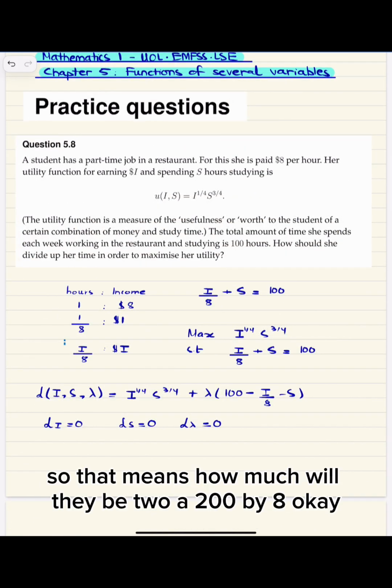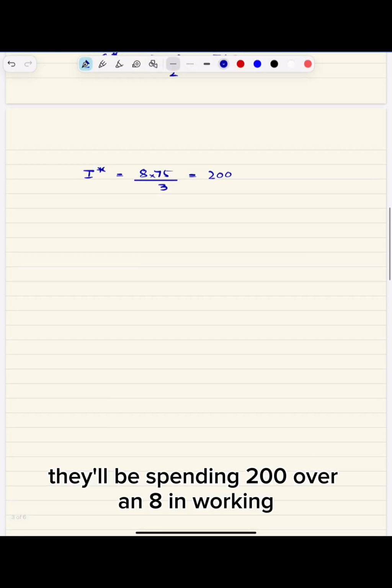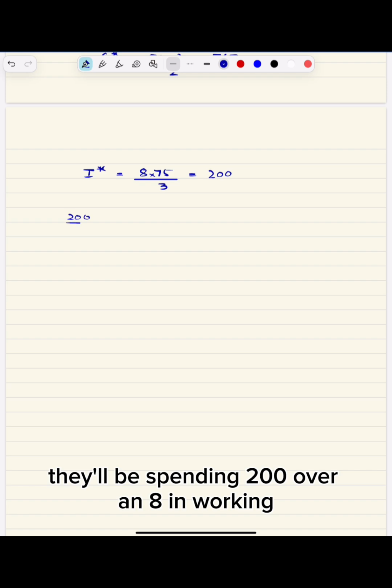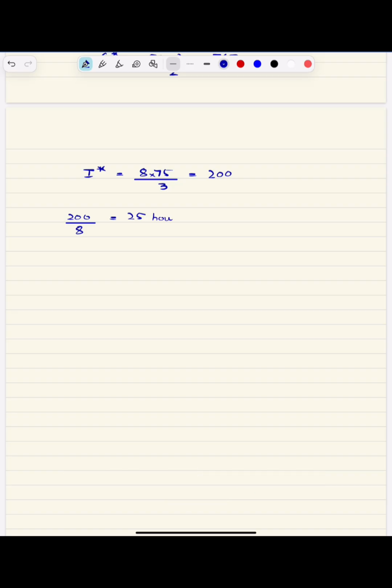Okay, so that means how much time will they be working? 200 by 8. Okay, so therefore they'll be spending 200 over 8 in working, which is 25 hours.